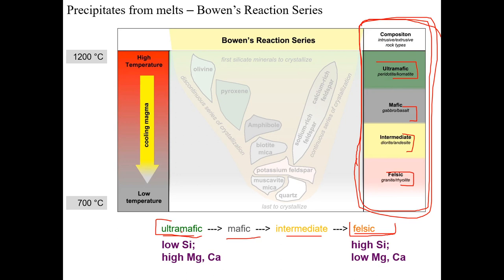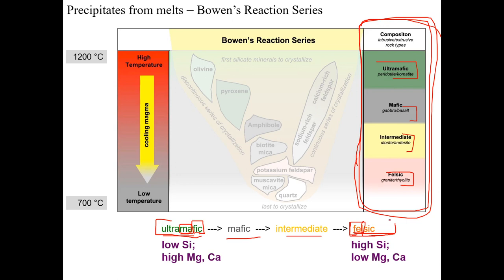Mafic, that word mafic comes from magnesium and ferric. Does anybody know what ferric means? Well, I can't hear your answer. I always forget I can't hear anybody's answer. So ferric is Latin for iron, okay? So this means magnesium and iron rich. Felsic, weird term, means feldspar and silica, that is silicon, so quartz, okay?